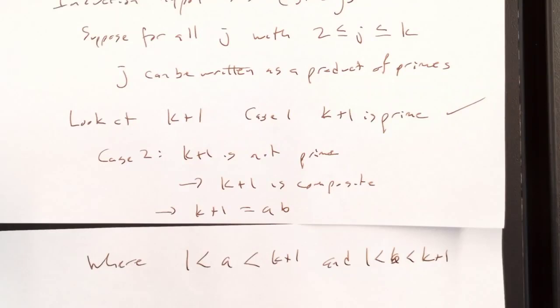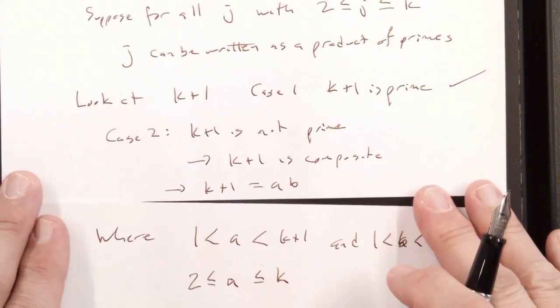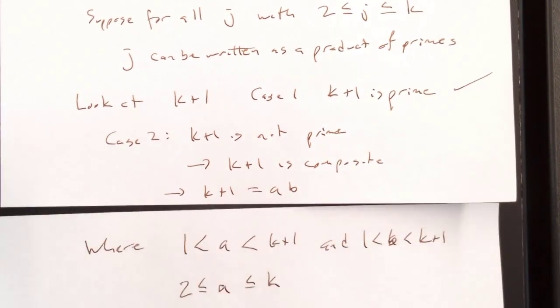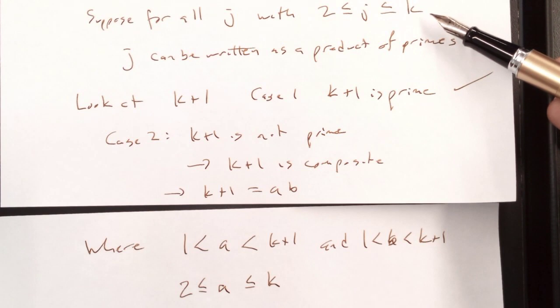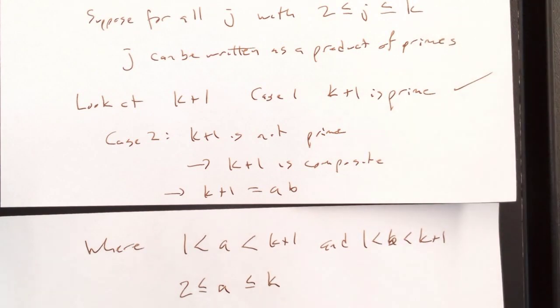Wait a minute. If a is strictly bigger than 1 and strictly smaller than k plus 1, then that means it's bigger than or equal to 2 and less than or equal to k, isn't it? Where have I seen that before? That's my hypothesis. I don't know if a is prime, but I do know that a can be written as a product of primes.